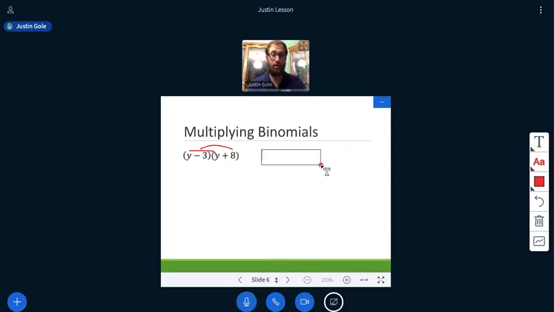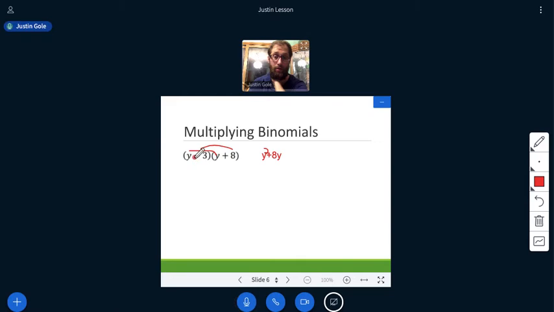Y times y is y squared, and y times 8 is 8y. So we have y squared plus 8y. That's I distributed y through everything. I multiplied y times y and y times 8.